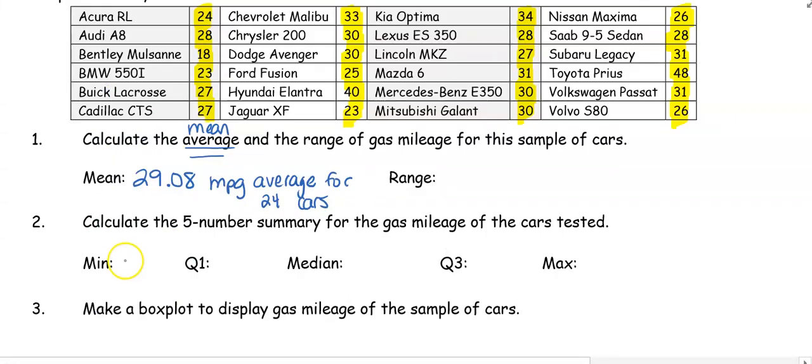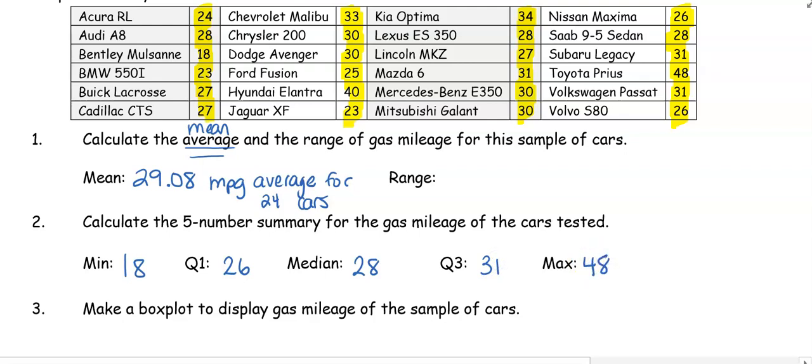So we go ahead and fill those values in: 18, 26 for Q1, 28 for median, Q3 31, and the max of 48.